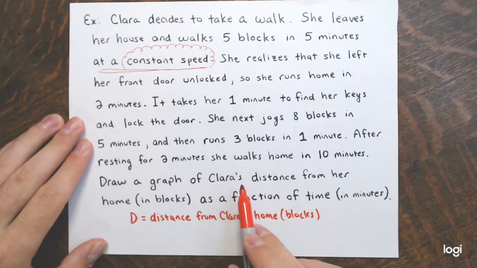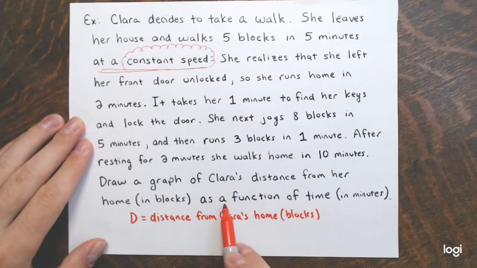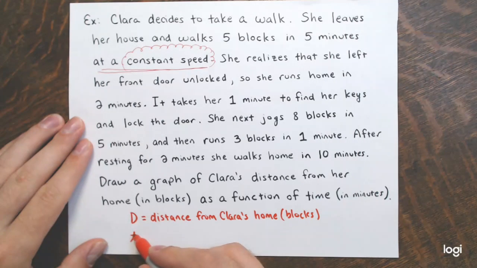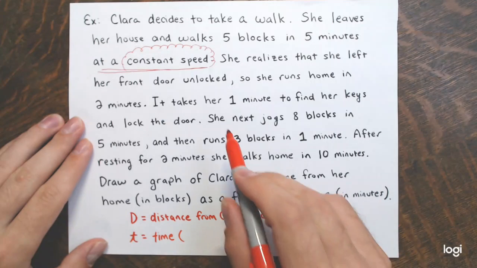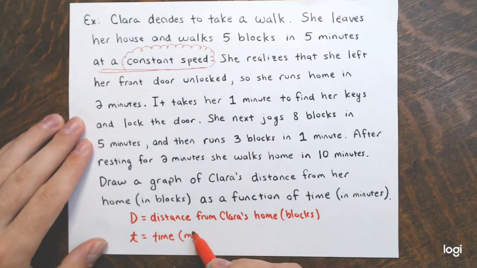And we're trying to write distance here as a function of time. All right, so I'll have typically a lowercase t will represent the time, and all the units for time in this problem were given in minutes.